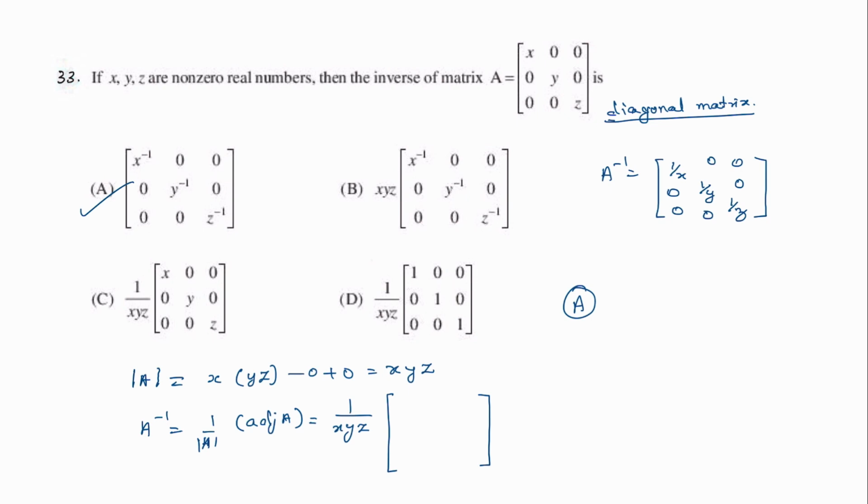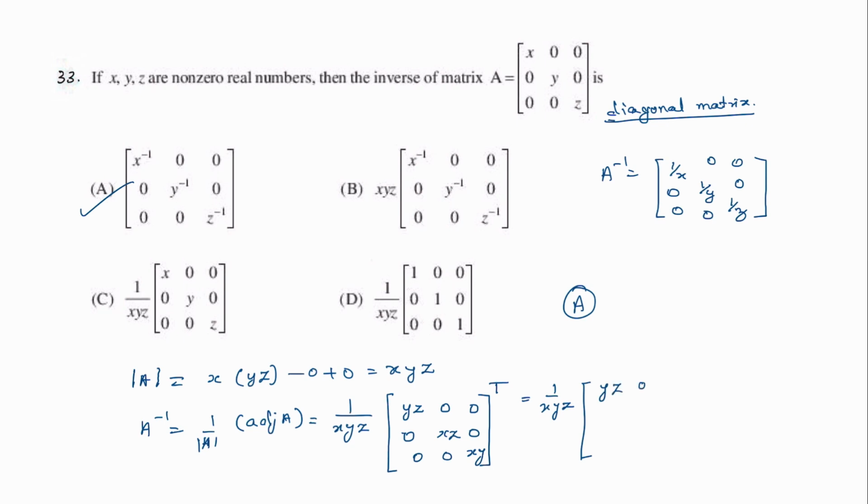Cofactor of the element x is yz, and cofactor of 0 is 0. Cofactor of this element is 0, and for this element again 0, and for this y it will be xz, 0, 0, 0, and for z it is xy. Let us write the transpose of this matrix.